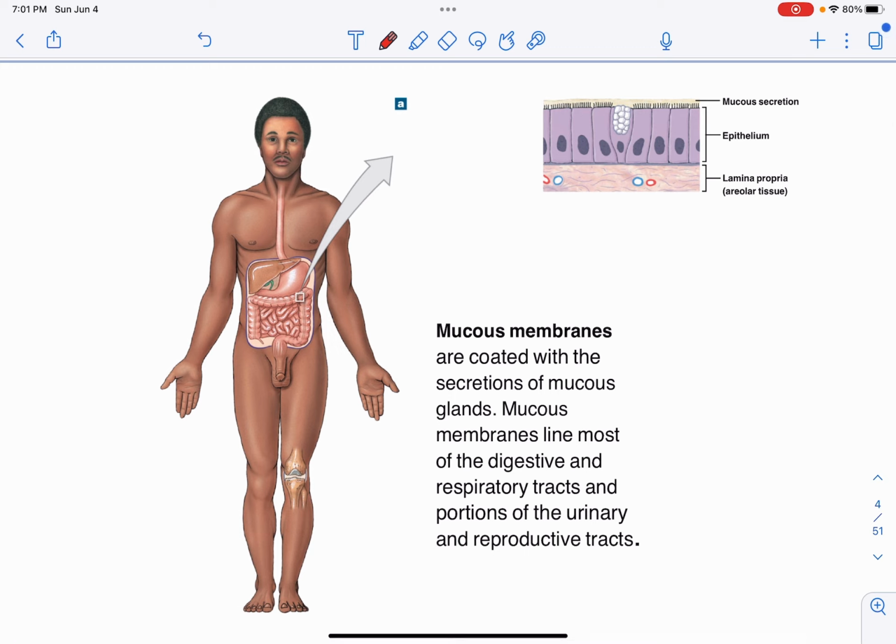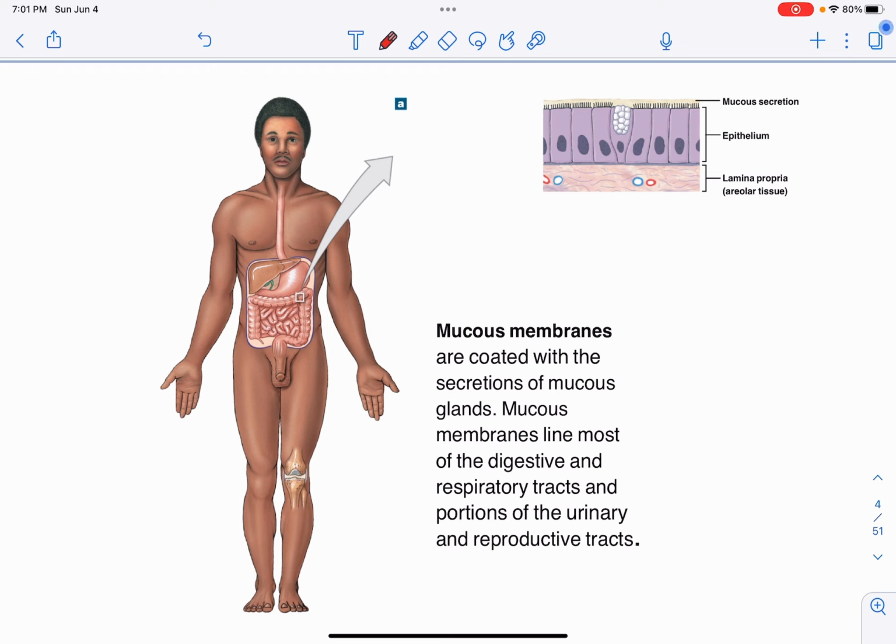The second type of membrane is called a mucous membrane. The cells that line the membrane secrete mucus, which is a thick and viscous fluid that protects the layer of cells. So mucous membranes occur in various places of our body that are coming into contact with the outside world.